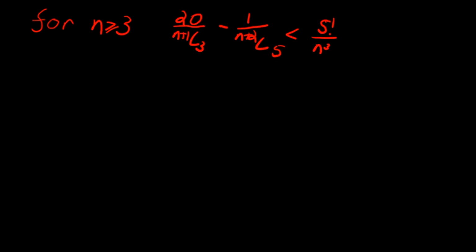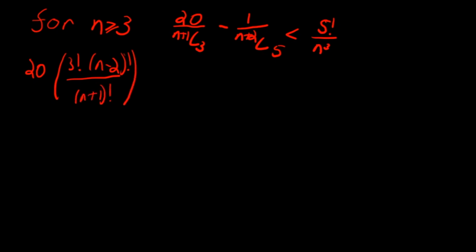So doing that will give us 20 multiplied by 3 factorial (n minus 2) factorial divided by (n plus 1) factorial minus 5 factorial times (n minus 3) factorial divided by (n plus 2) factorial is less than 5 factorial divided by n cubed.